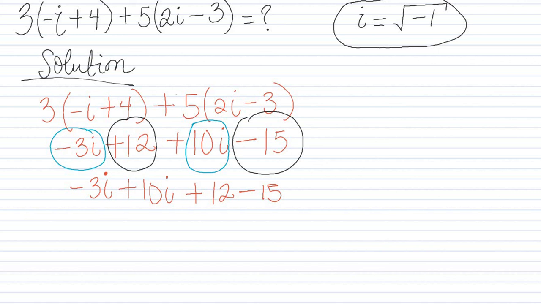So expansion, addition, or subtraction, you're just going to pretend in your mind that i is a variable even though i is an imaginary number. So negative 3i plus 10i is the same thing as 7i, plus 12 minus 15 is the same thing as negative 3. So the answer to this question is simply 7i minus 3. And this is how you solve this particular question.